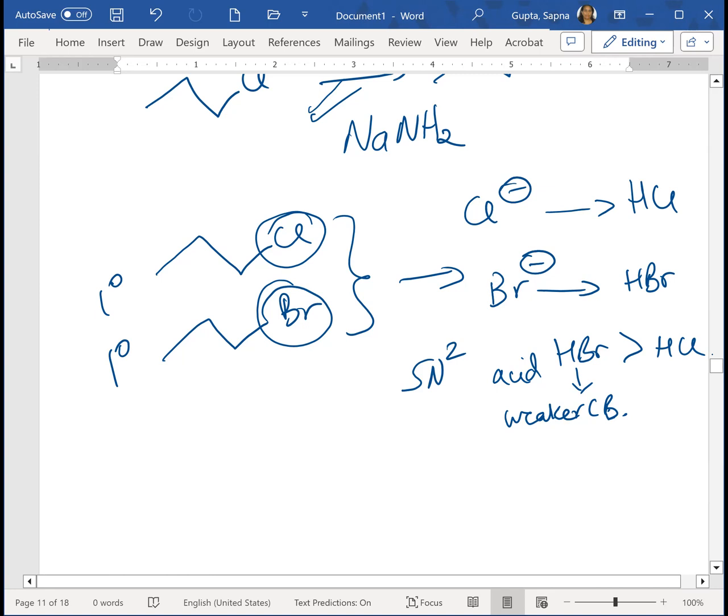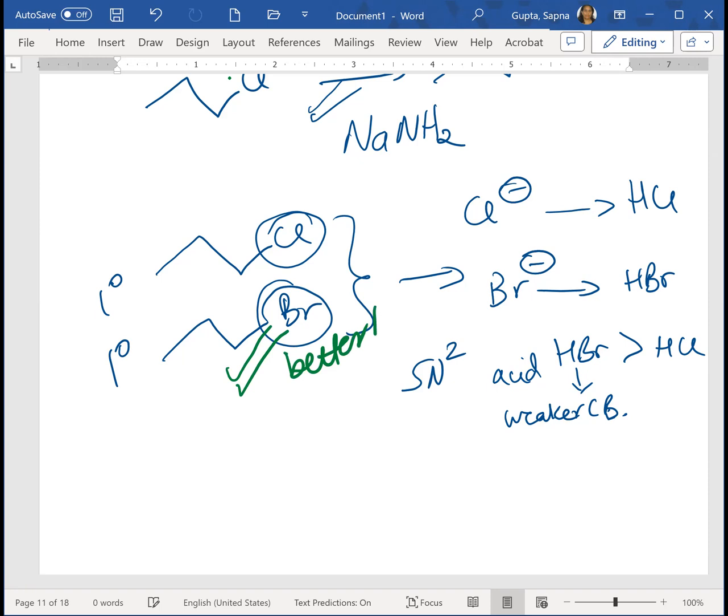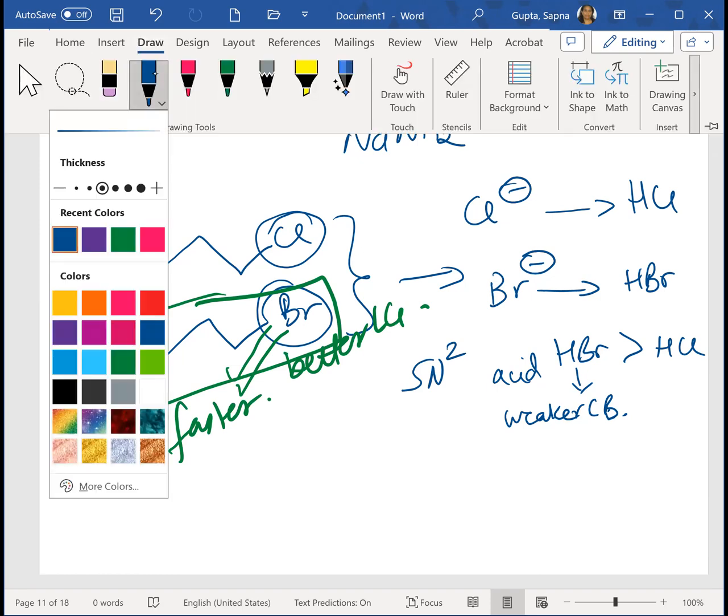Between HBr and HCl. So if HBr is a stronger acid, it gives you the weaker conjugate base. The weaker conjugate base then is bromide, which means that this one is going to be a better leaving group. If this is a better leaving group, that means this reaction is going to go faster. This will go faster. So that is the kind of logic you need to start applying. You need to start looking at the reactions in this kind of way, so you can talk yourself through one thing or the other.